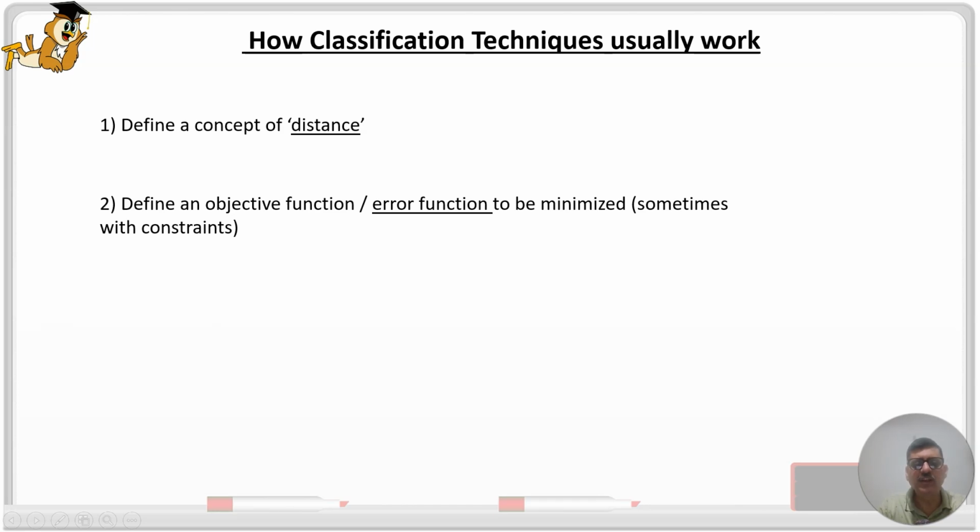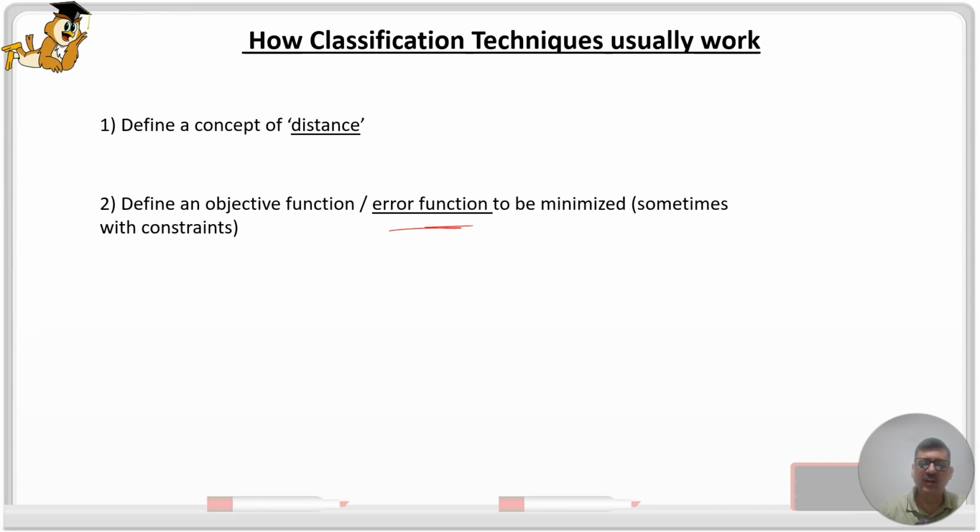The next thing we usually do is define an objective function or an error function that is to be minimized. Sometimes there are constraints, as we saw in the case of regularization. The error function may differ from one technique to another. In the earliest technique that we saw for linear classification, we used the so-called hinge function. In the case of logistic regression, it was a more complicated error function that was a function of the probabilities.